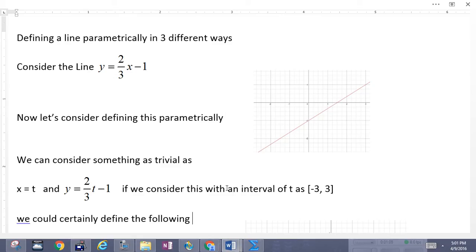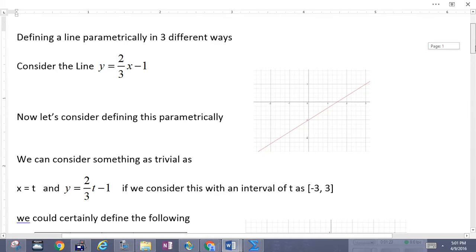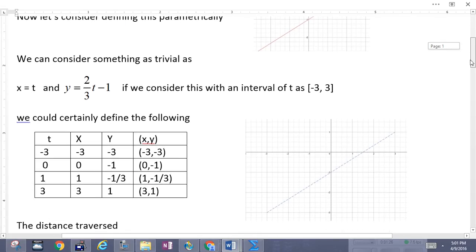Of course, when we define things parametrically, we want to define it on some interval in t, and we're going to consider the interval in t from -3 to 3. Now let's look at what happens. Plotting x and y for t running from -3 to 3, -3 goes in and we get -3 for x, and 2/3 of -3, which is -2, minus 1, gives -3.